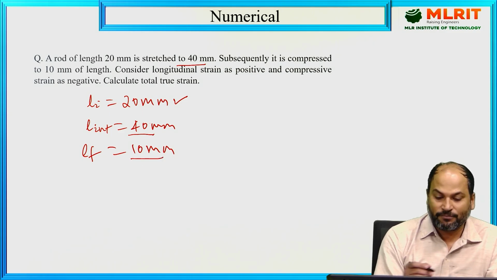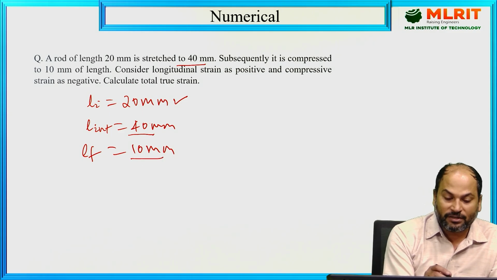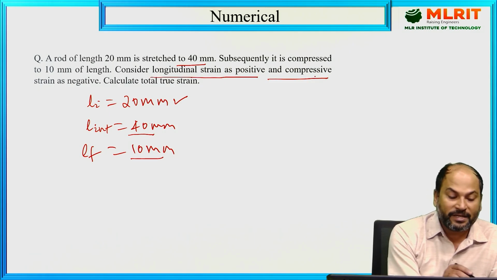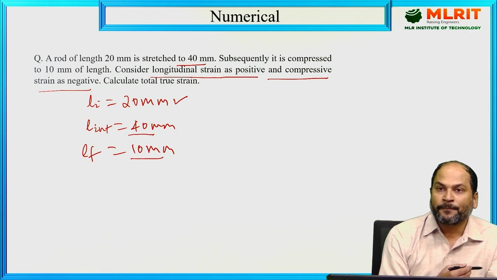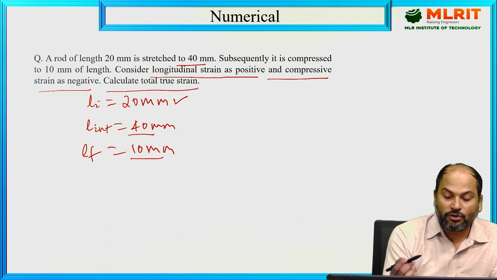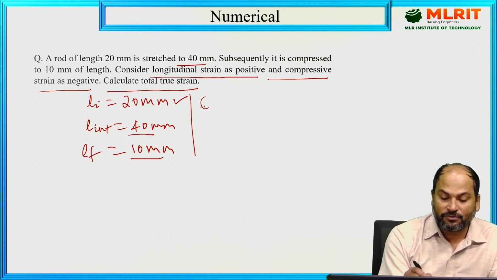Now what we have to calculate? One assumption is given: consider longitudinal strain as positive and compressive strain as negative. This is the sign convention which has been given. We have to calculate the total true strain. So what is the true strain value?